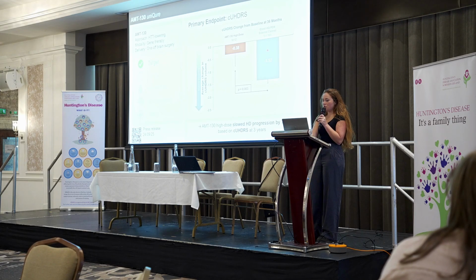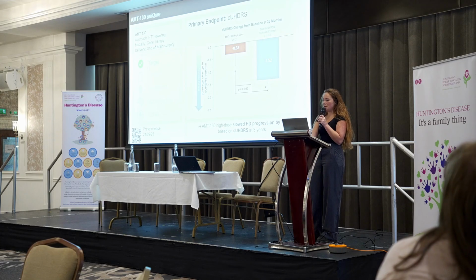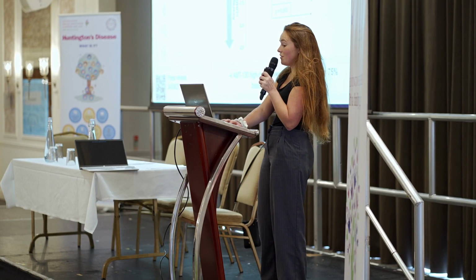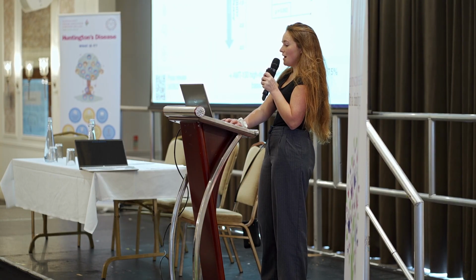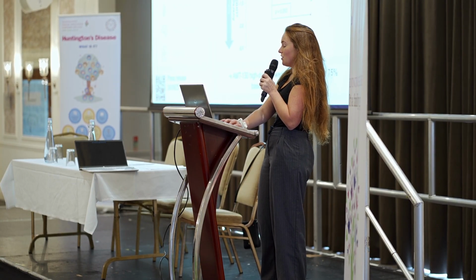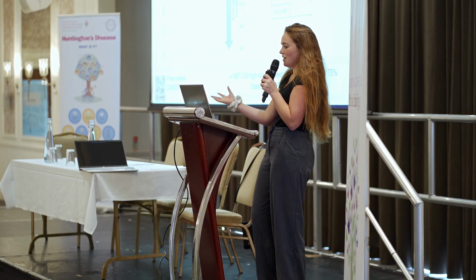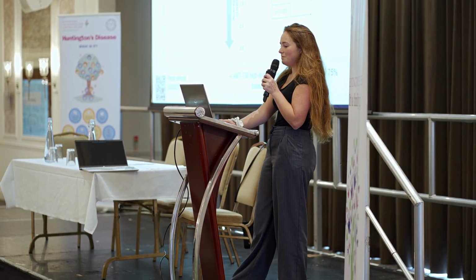And you can see that across 3 years, the average change in cUHDRS here is much greater for the untreated people than for those who have been treated. Again, just to highlight though, this is only in 12 people, whereas obviously in the control it's loads of people because this was such a huge observational study.